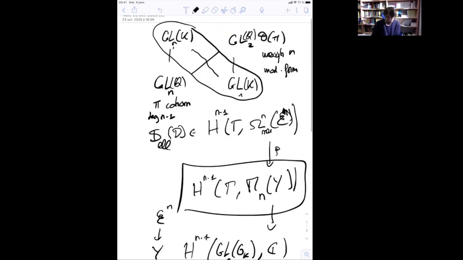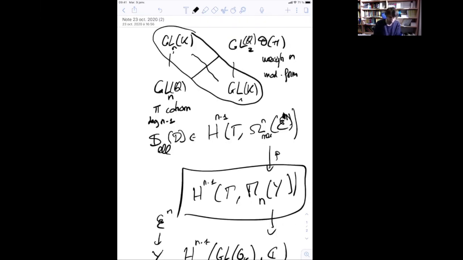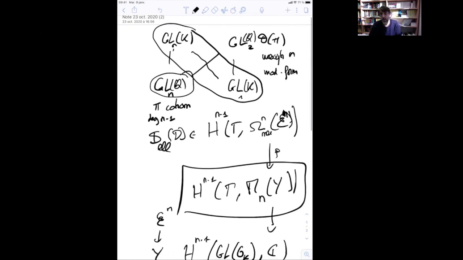So the Kudla philosophy tells you that if you evaluate this class on the homology class in GLN of Q, then the value you get is the specialization at a CM point of a certain modular form. So you can play several games like that.